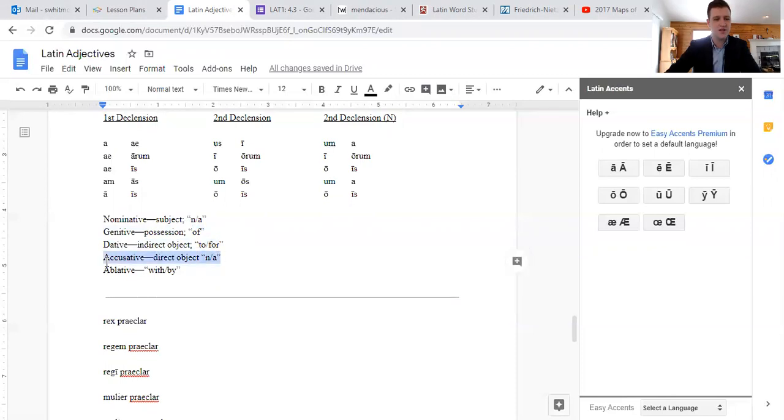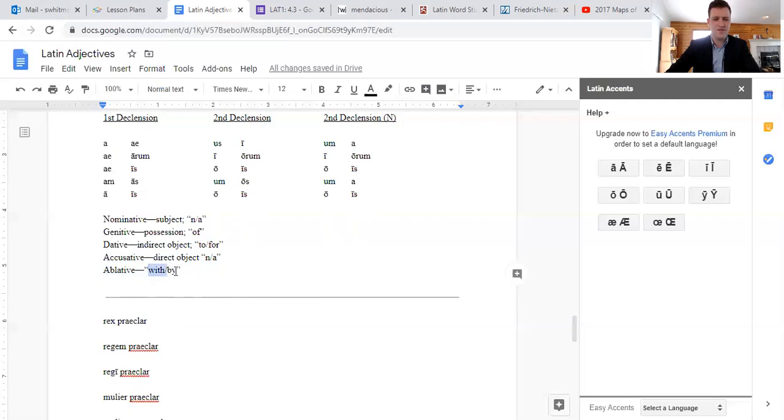Accusative, so that'll be direct object when we see it in a sentence, and there's no special translation. So if you had regem in a sentence as the direct object, you would just say king. And finally, ablative, which can do a lot of different things. We've seen ablative of means, ablative of manner, ablative of accompaniment, a number of uses with specific prepositions, all those things.